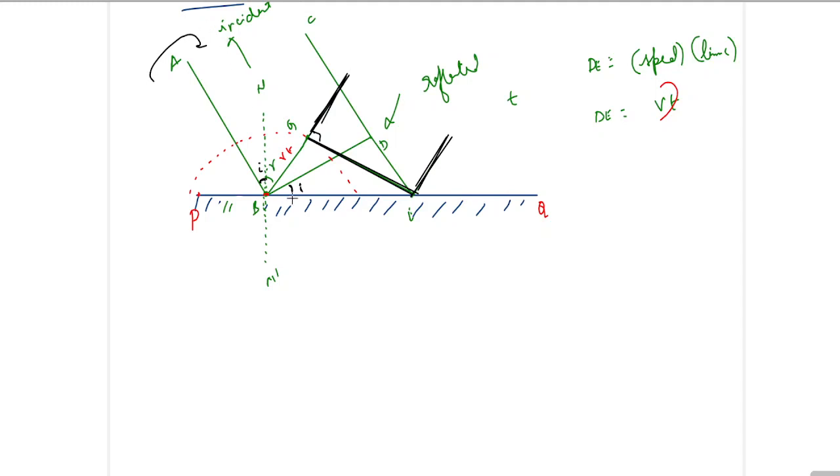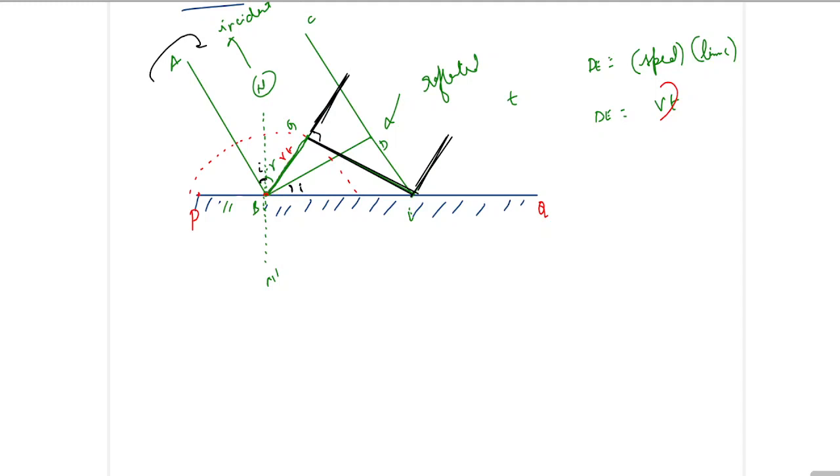So the angle moved by BG and AB is the same, I only. Since AB moves away from N dash by angle I, BG moves away by angle I only. That is what angle I is here.